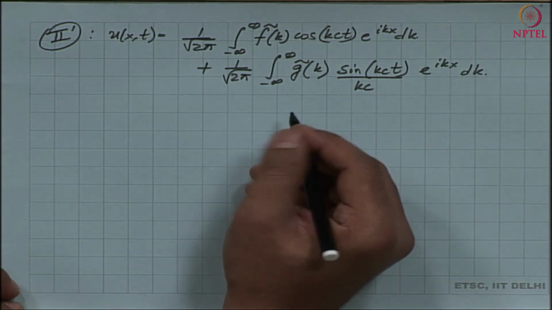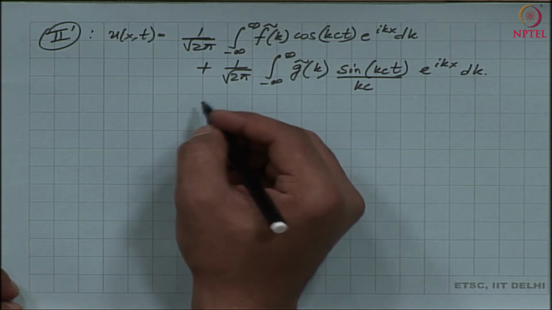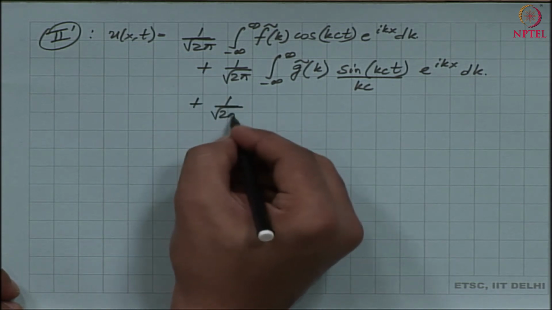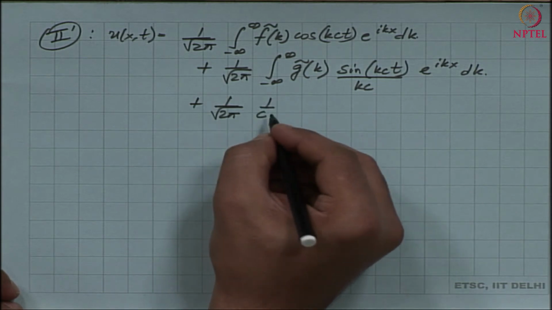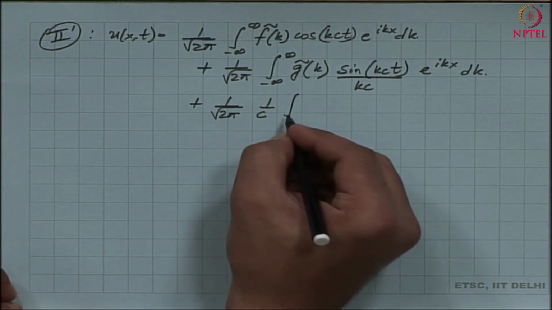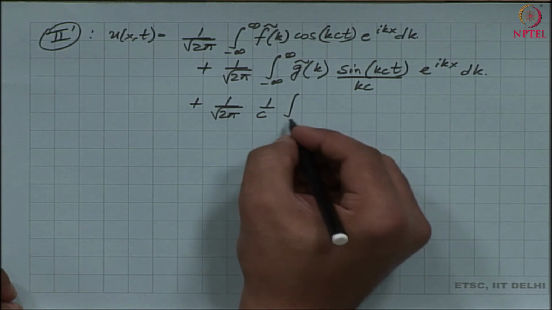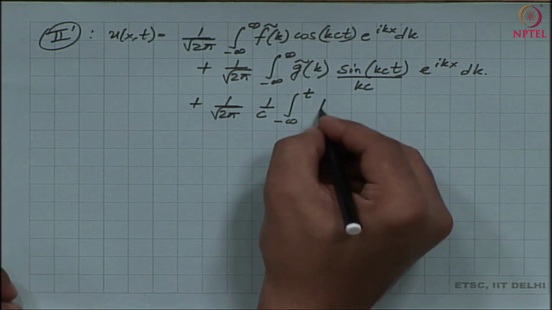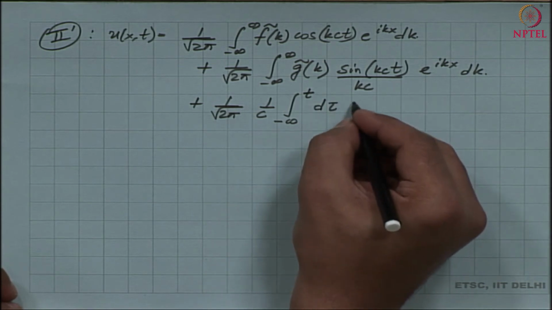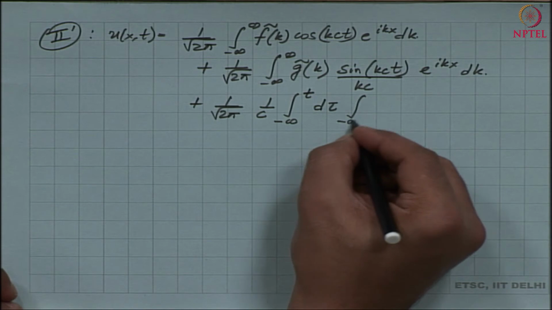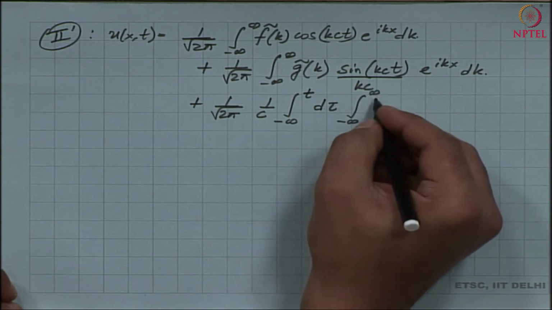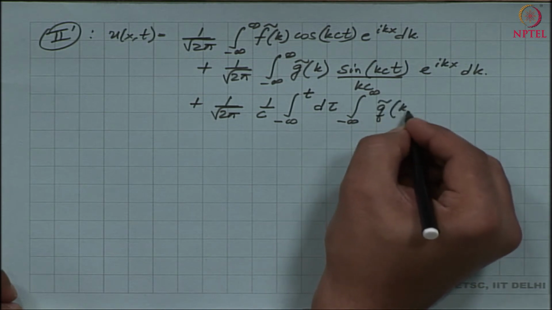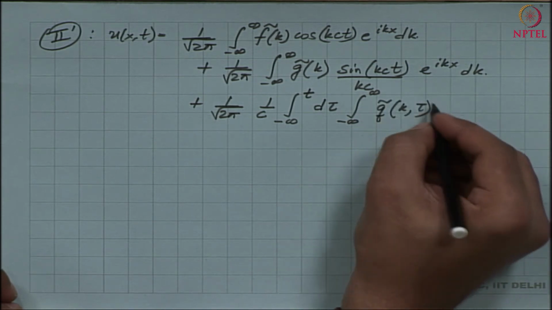Okay, and then the last integration is 1 by square root 2 pi, and then I also get a 1 by c integral from negative infinity to t. I have changed the limits here, d tau, and then the second integral is the Fourier inverse integral negative infinity to infinity q tilde of k comma tau, and then sin.